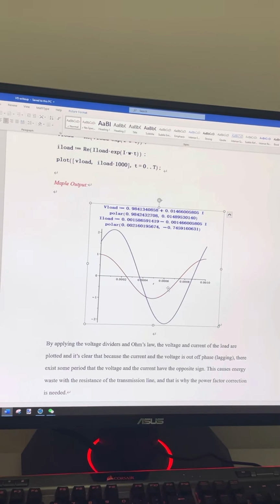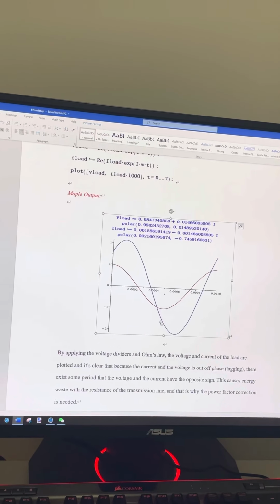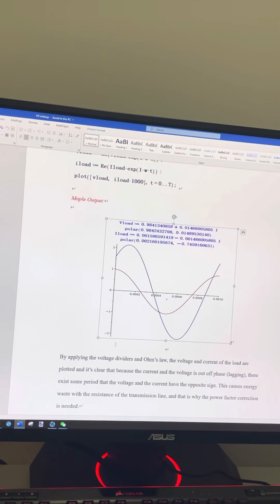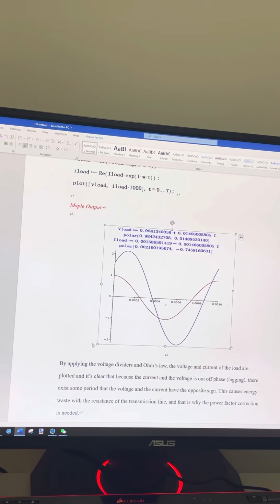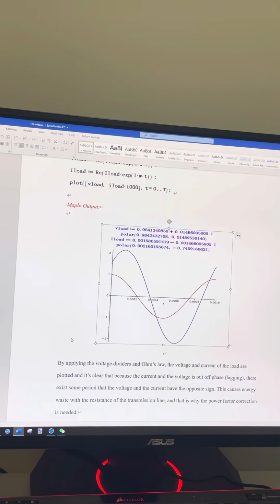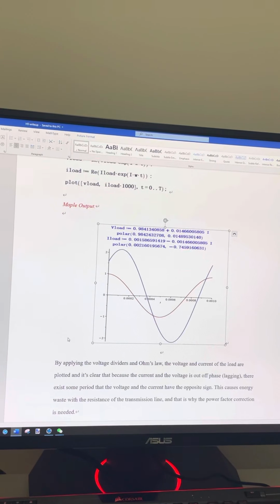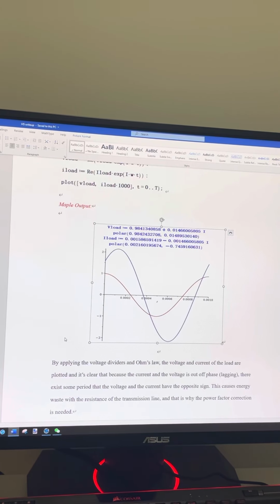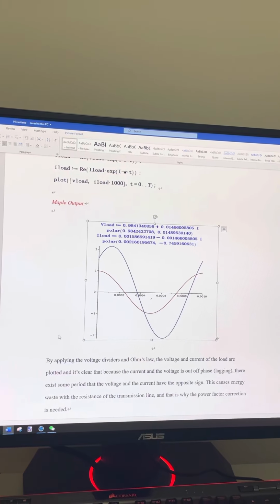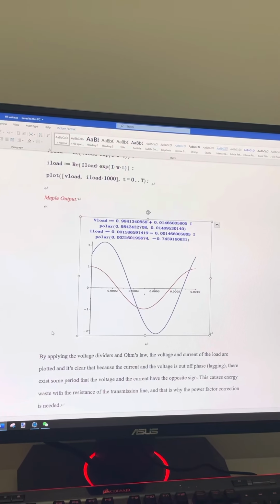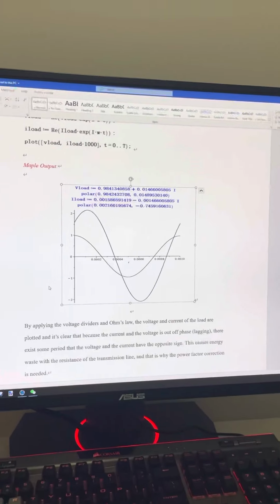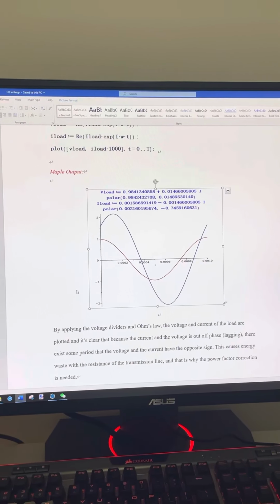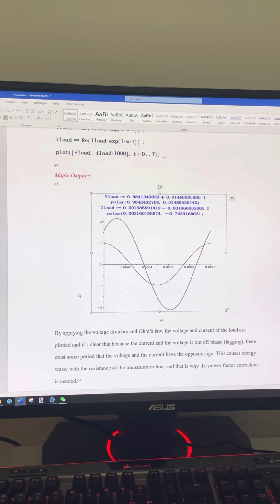Because of that, the current of the whole circuit is going to increase, and the increase of the current leads to a higher voltage across the resistance of the transmission lines. That is going to cause a power waste, and that is not what we want. We want to decrease it as much as possible.